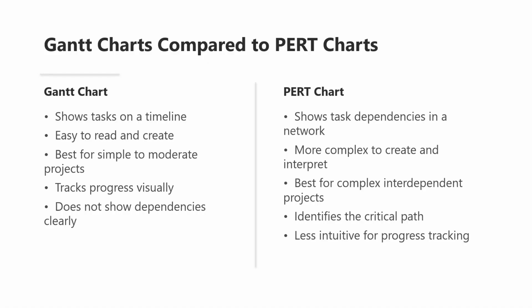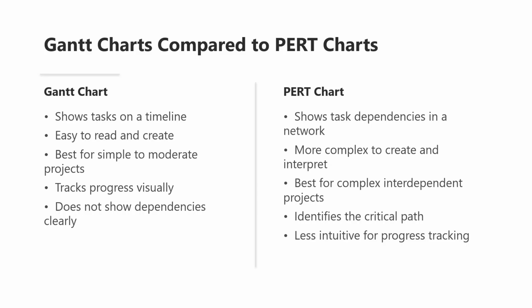Understanding when to use a Gantt chart versus a PERT chart is important for both the exam and for your real-world practice. So let me help you see the differences clearly. Gantt charts display tasks on a timeline, making them easy to read and create. Most people can understand a Gantt chart within seconds of seeing one.